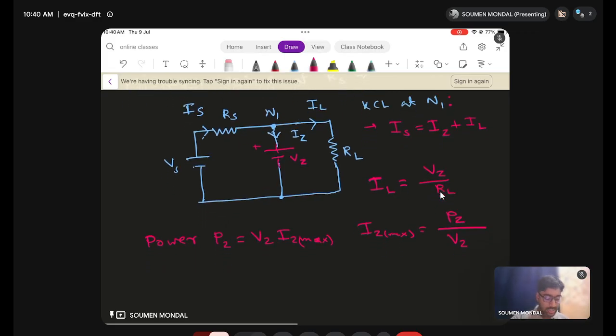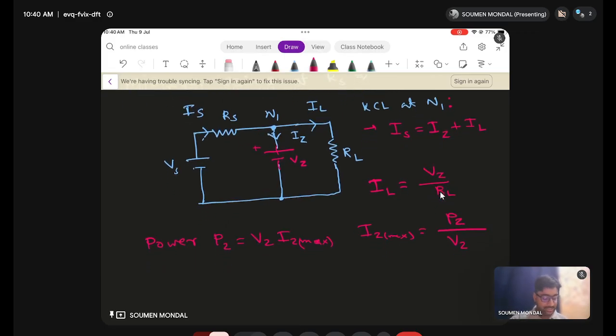Now actually the purpose of this circuit is that when there is no load, it should allow the Iz current through the circuit.